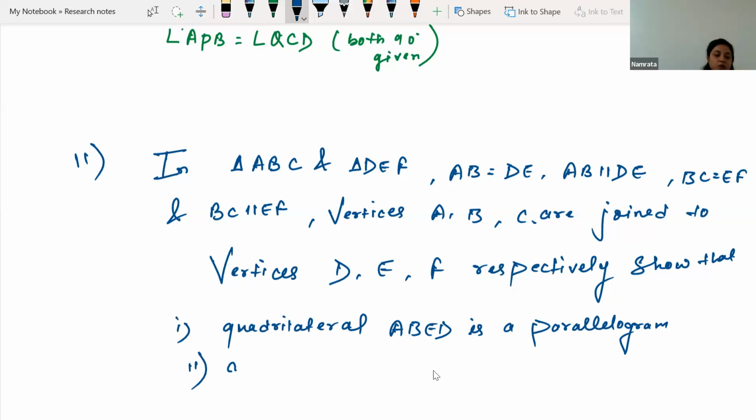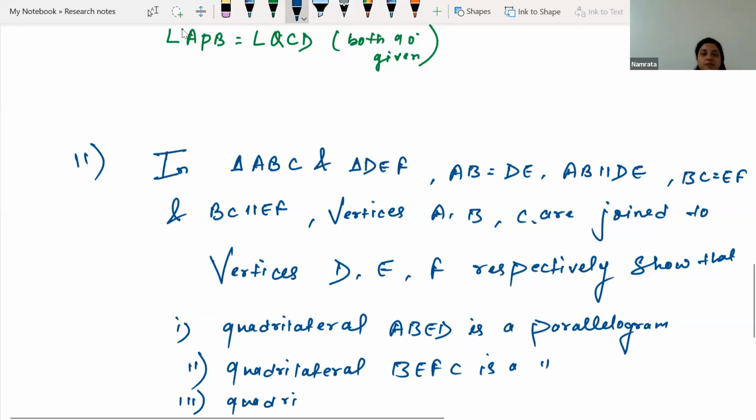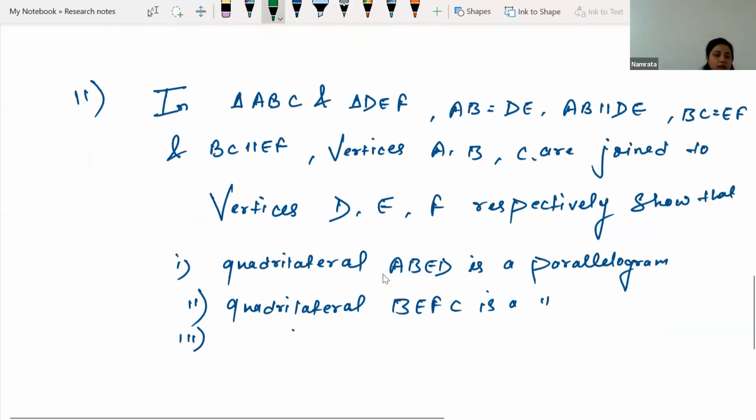Next one, quadrilateral BEFC is a parallelogram. Next, AD is parallel to CF and AD is equal to CF.